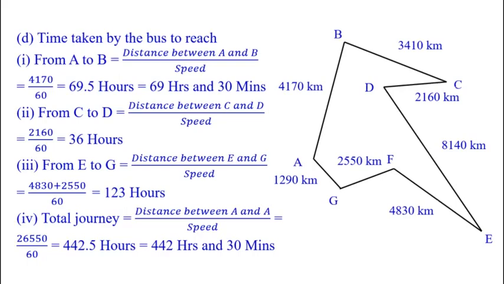That means the distance between A and A, starts from A and returns back to A, divided by speed. So we have already calculated the distance between A and A. So that is equal to 26,550 divided by 60. So that is equal to 442.5 hours or 442 hours and 30 minutes.